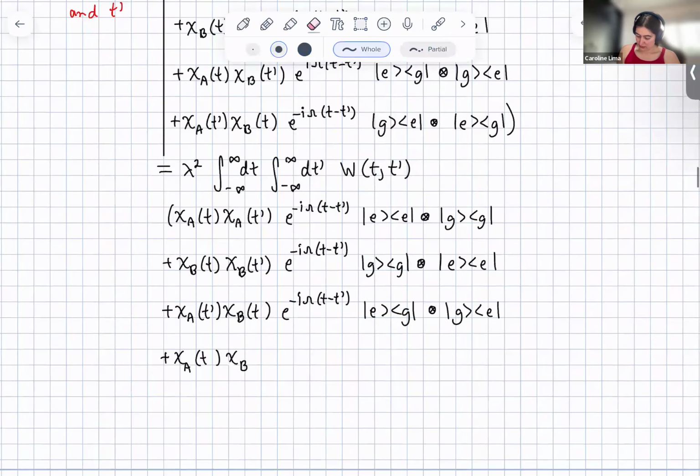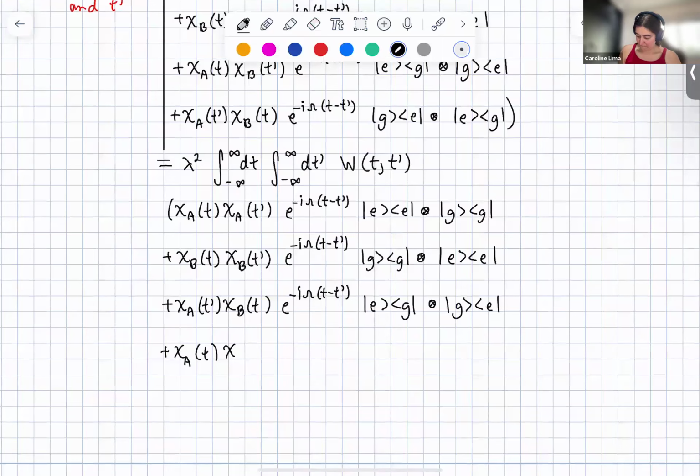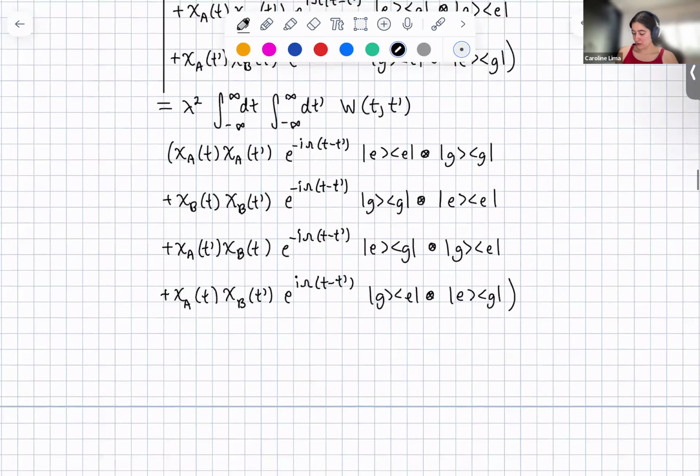So here it is going to be T, then T prime here, and then e to the i omega (t minus t prime). Okay. So now it's already in the order that I like. So we can just save this result. Any questions here? It's just calculations, right?